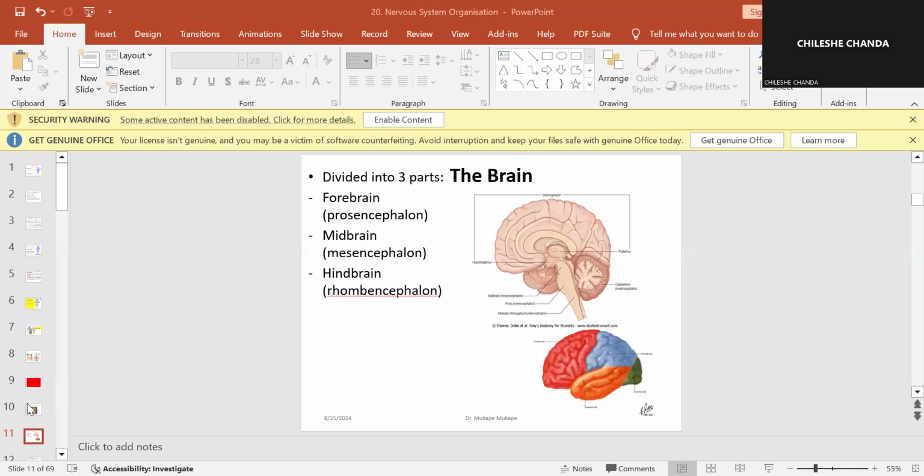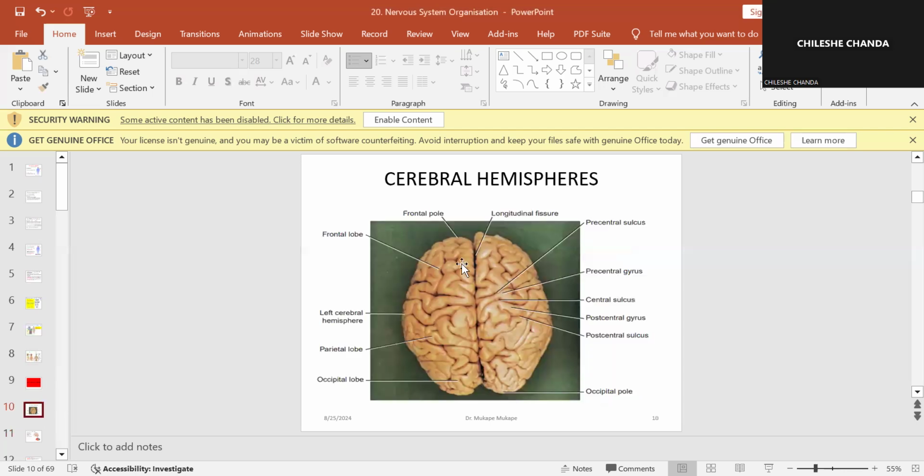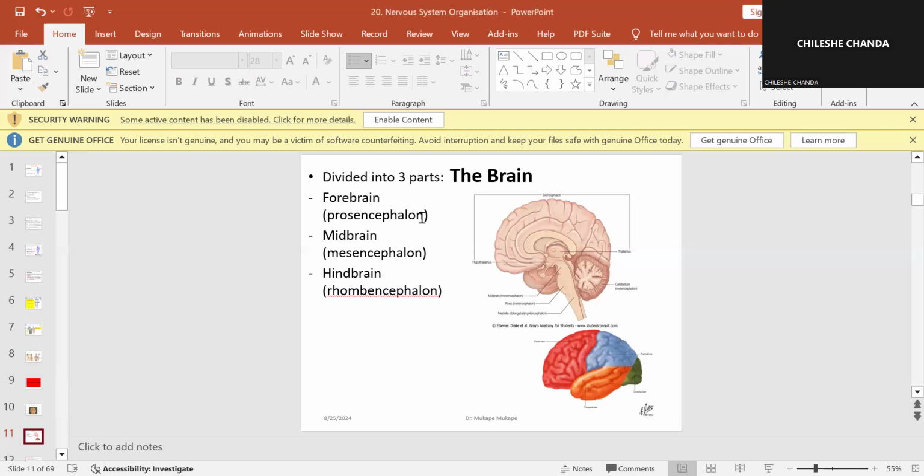Okay, and so the forebrain is made up of two hemispheres like this. We have the left and right hemisphere, and then at the bottom or in the middle here.